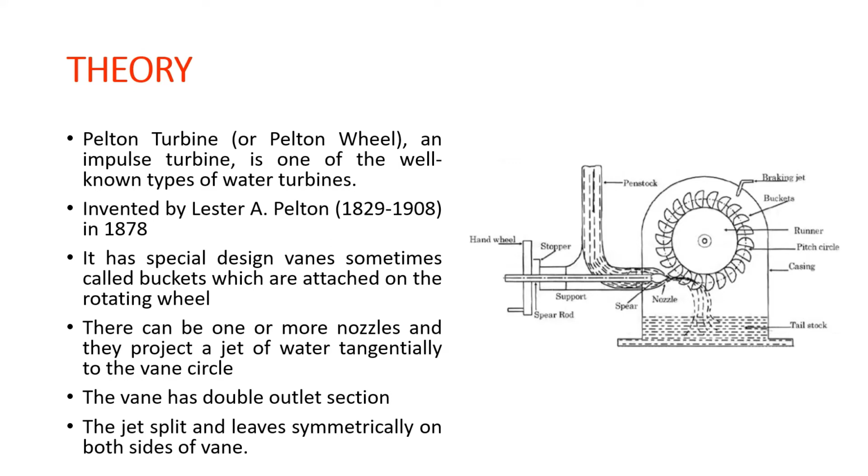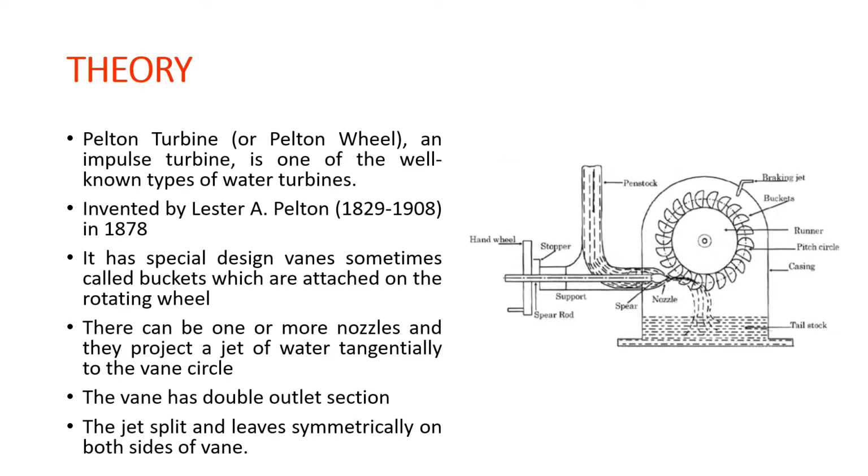Pelton turbine or Pelton wheel, an impulse turbine, is one of the well-known types of water turbines. The modern and most efficient type of impulse turbine was invented by Lester A. Pelton in 1878. The buckets of a Pelton wheel are designed so as to split the flow in half and turn the flow nearly 180 degrees with respect to a frame of reference moving with the buckets.